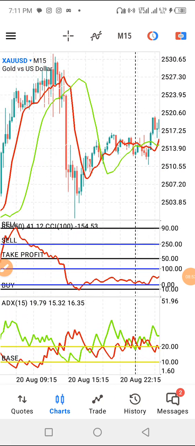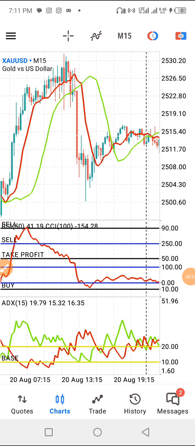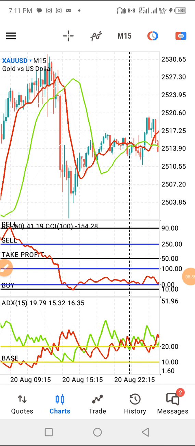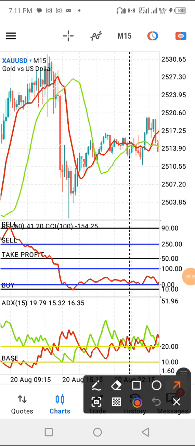So for the buy scenario, that means if you want a good buy, for a good buying condition, this is what you should do. Price should close above both moving averages. Then here price should be either above minus 100 or minus 250. Price should cross above after touching the RSI level 10.